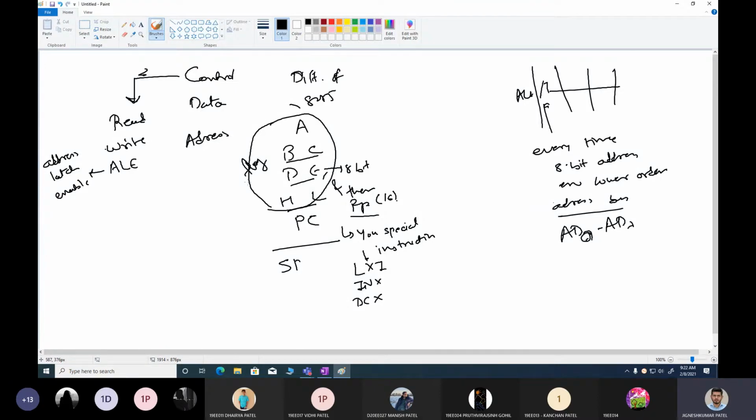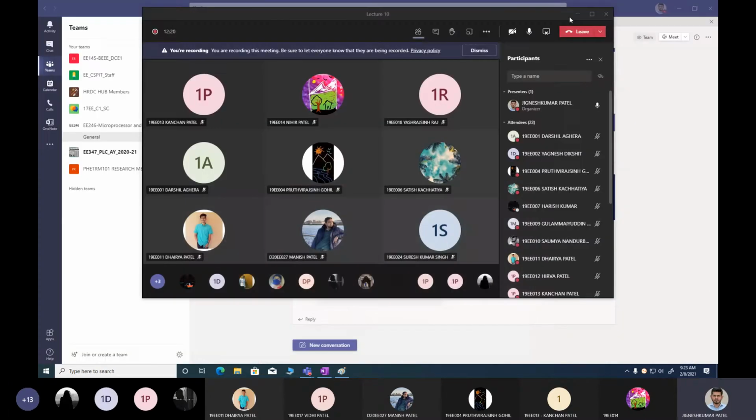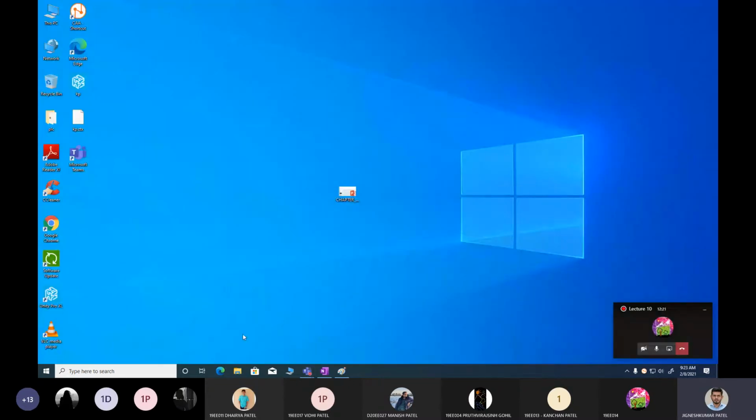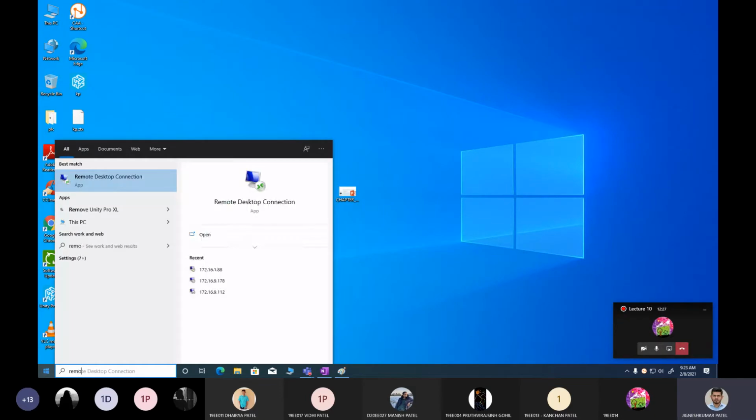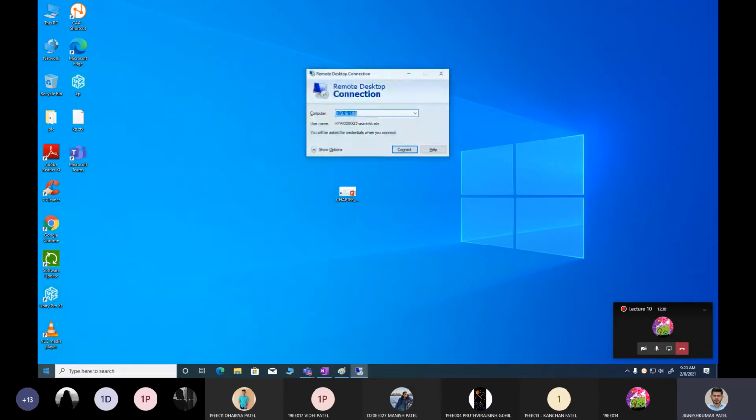The flag register has various bits which will be modified whenever you are operating on some specific instructions, like when you perform an arithmetic operation, for example ADD, or a logical operation like AND. We haven't seen any logical instructions yet. I will show them shortly. But before that, let us understand a generalized 8085 and what the various pins on 8085 are. So now we are going to first learn the very basic 8085.